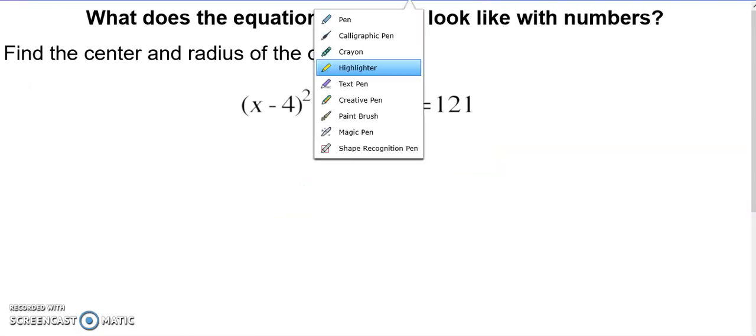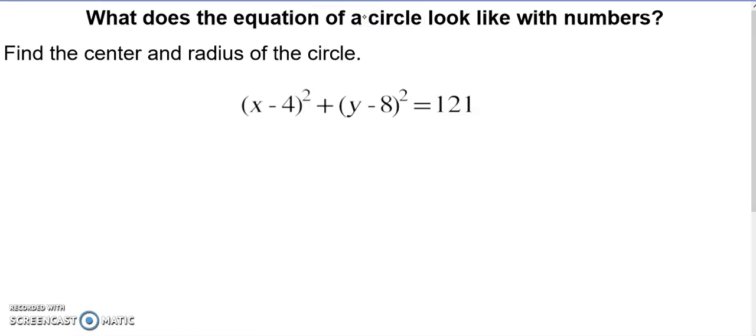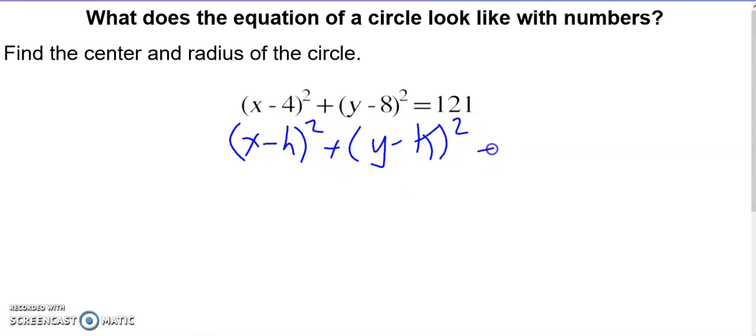We want to find the center and the radius of this circle. This equation is in standard form. See the parentheses? Both parentheses are squared, and it equals a number. This is the standard form of my circle, x minus h quantity squared plus y minus k quantity squared equals r squared.